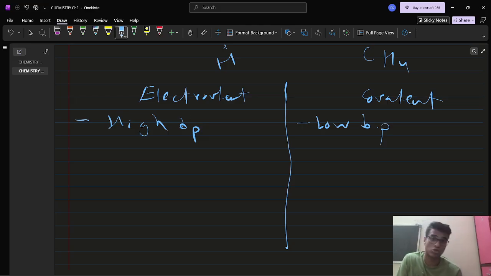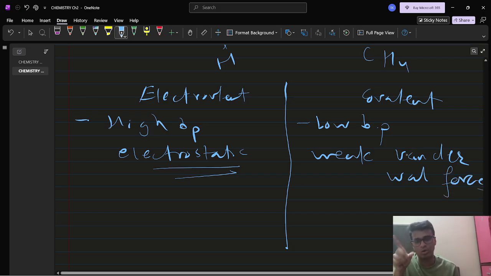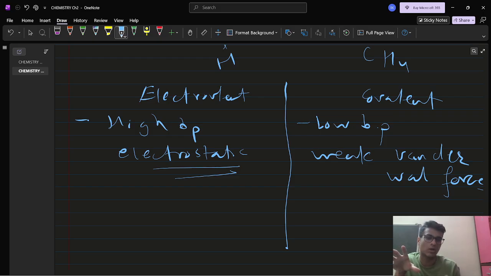Because electrovalent compounds have strong electrostatic forces, and covalent have weak van der Waals forces. So breaking the bonds of electrovalent is difficult, of covalent is easy. So they have high boiling and melting points for electrovalent, low boiling and melting points for covalent.